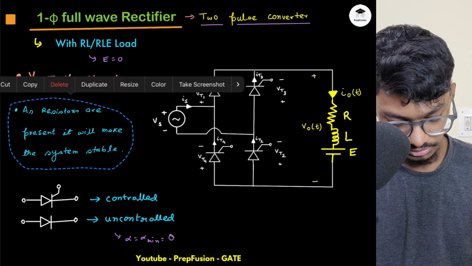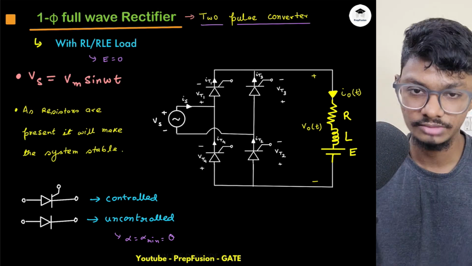So here the system won't go unbounded, the system will be bounded only.